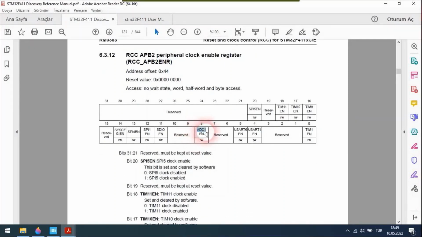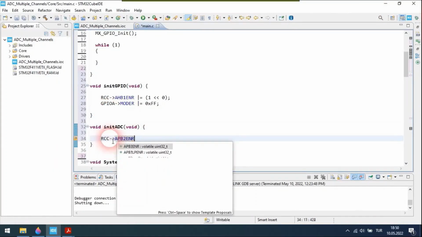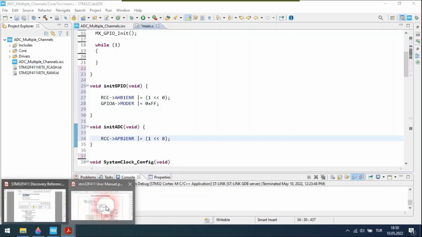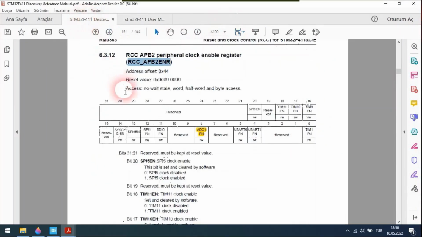Firstly, enable ADC clock. ADC clock line is connected to APB2, and its frequency is 100 MHz.